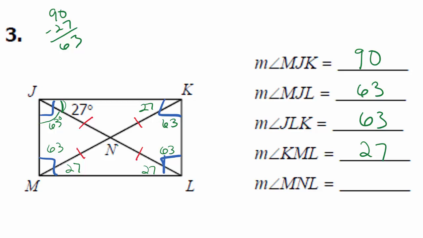Wait a minute, we don't have that one yet. But we've got these other two. All we've got to do is subtract from 180, minus 27, actually minus another 27. And our final answer is 126. This angle here is 126. And now you're done.